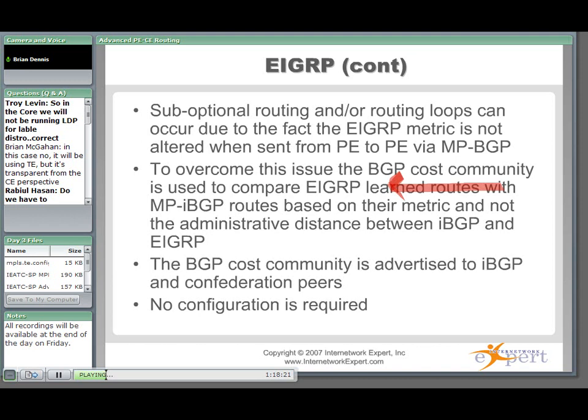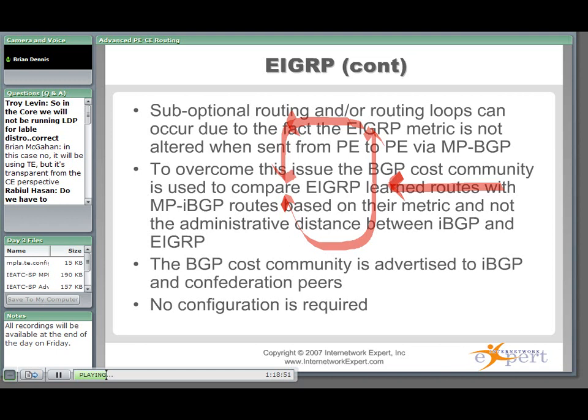R6 takes it, sends it to R8 here. R6 also sends it across the MPLS VPN over to R3. R8 gets it. It's got a backdoor link, sends it to 7 here. R7 gets it and then sends it down to 3.